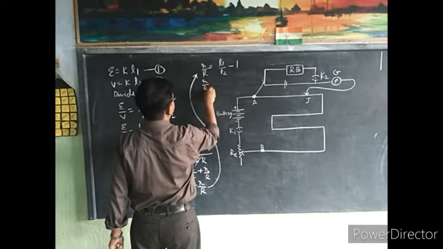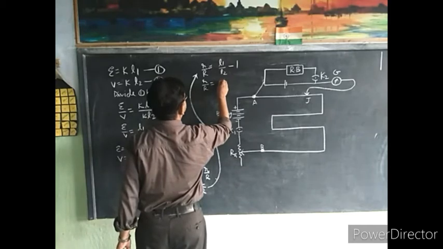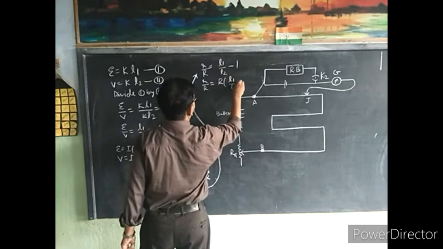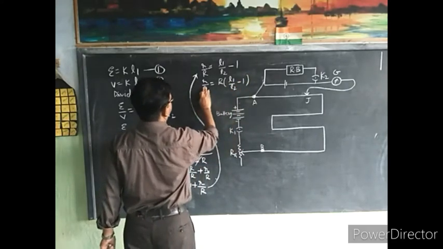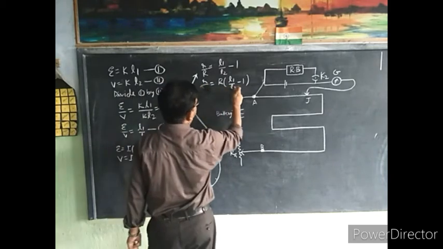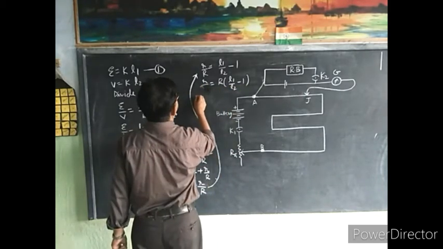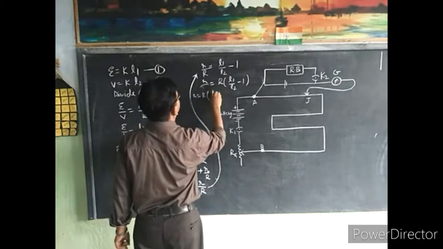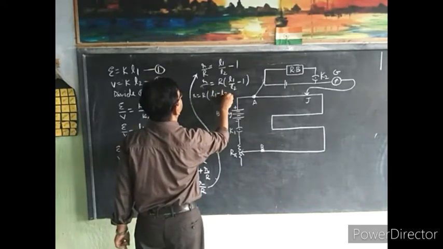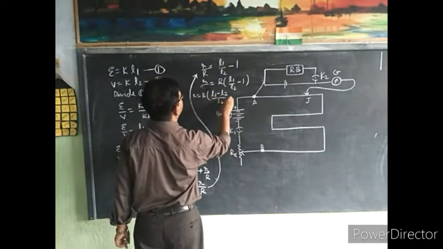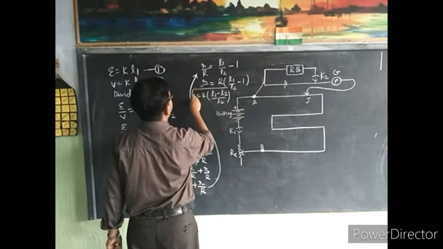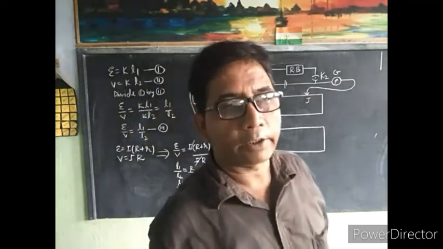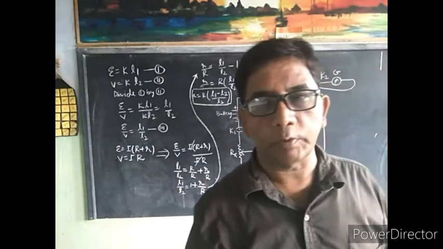So small r is equal to capital R times (L1 upon L2 minus 1). We can also write small r is equal to capital R times (L1 minus L2) upon L2. This is the equation for finding internal resistance by use of the potentiometer.